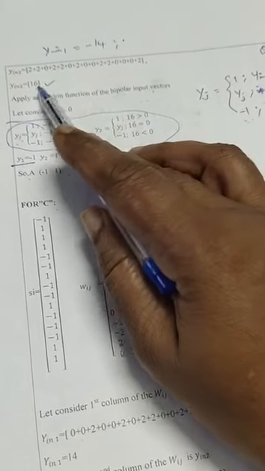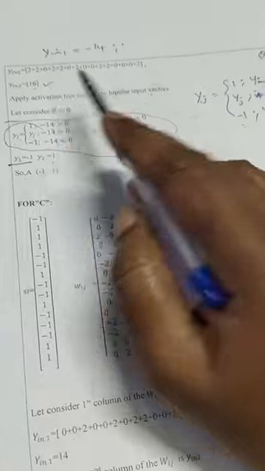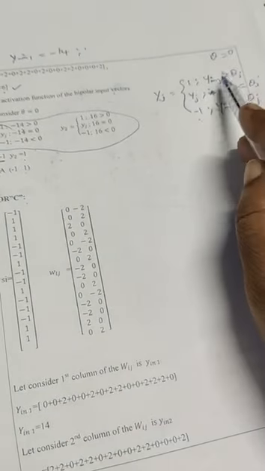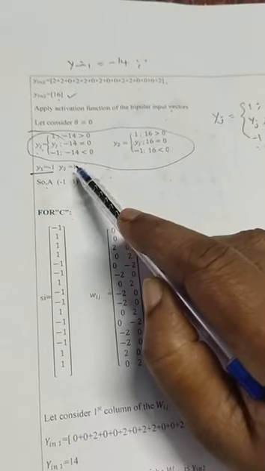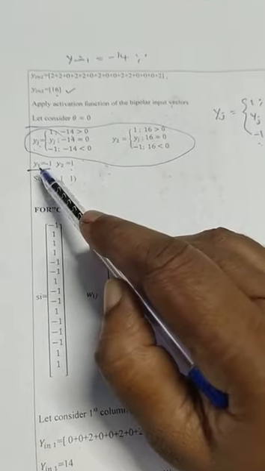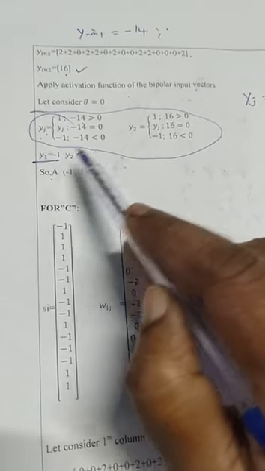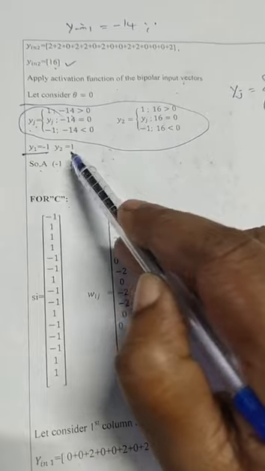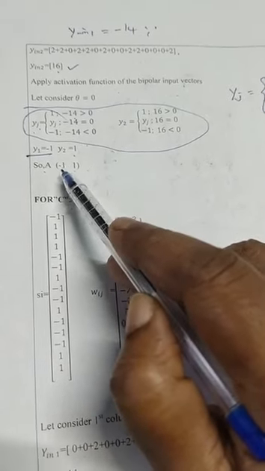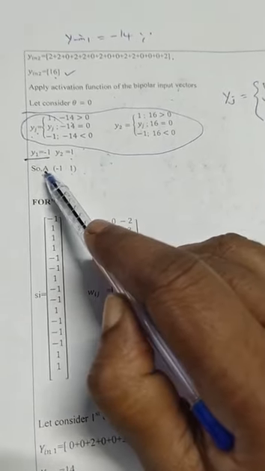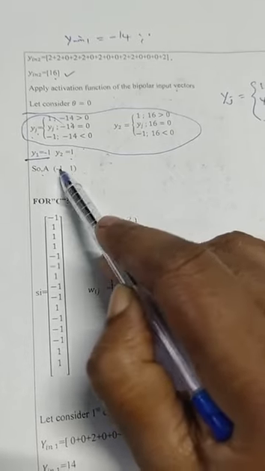Then for the second neuron, the net input is 16, it falls in the first category, so your output will be equal to 1. So the output of the first output neuron is -1, second output neuron is 1. So your target is -1, 1. We have applied the character A, and we are getting the output as -1, 1.